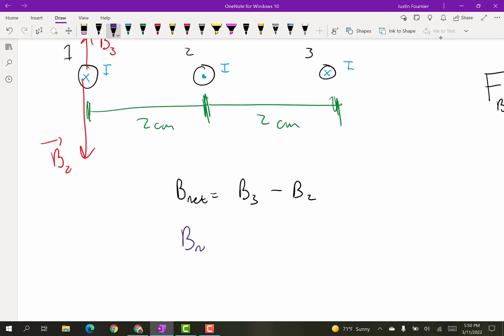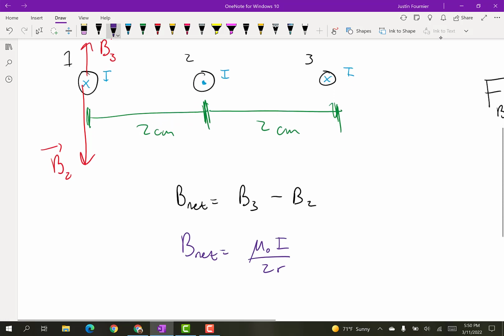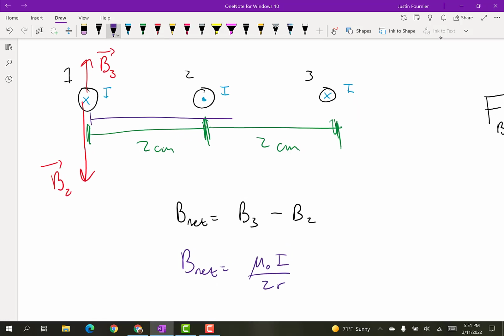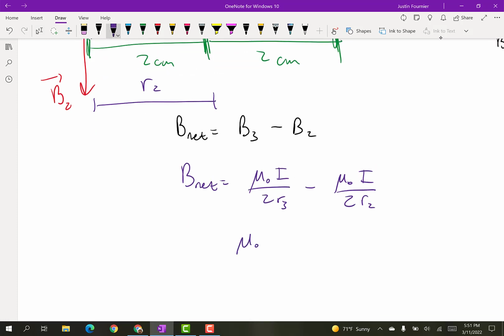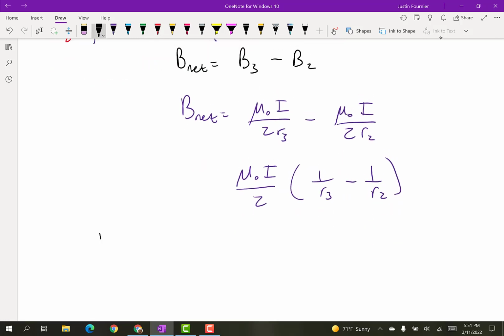The magnetic field due to a wire is mu naught I over 2 pi R. This distance is R3, and this distance is R2. So it's mu naught I over 2 pi R3 minus mu naught I over 2 pi R2. To make my calculation easier, I'll factor out mu naught I over 2 pi, so this is 1 over R3 minus 1 over R2. Then I'm going to plug all this into my BIL equation.